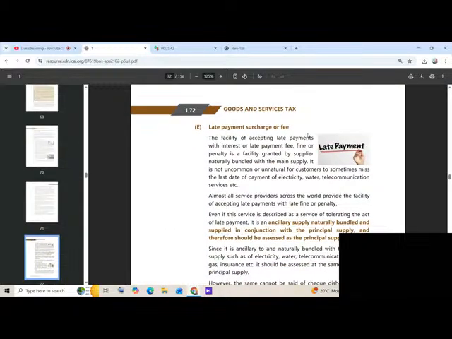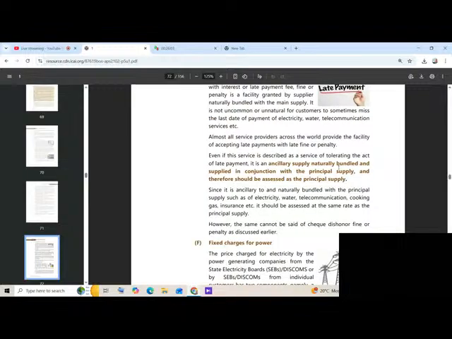Late payment surcharge or fee. The facility of accepting late payments with interest or late payment fee, fine, or penalty is a facility granted by the supplier, naturally bundled with the main supply. It is not uncommon or unnatural for customers to sometimes miss the last date of payment of electricity, water, telecommunication services, etc. Almost all service providers across the world provide the facility of accepting late payments with a late fine or penalty.